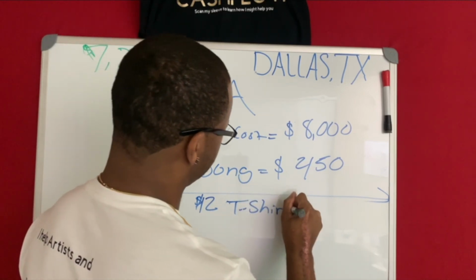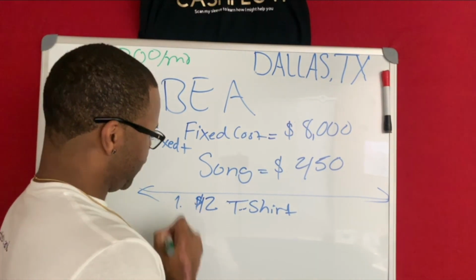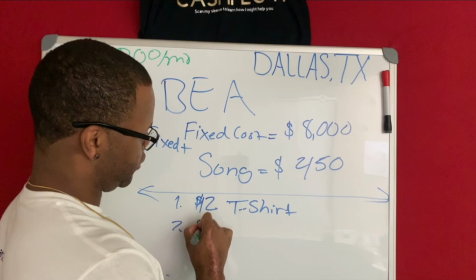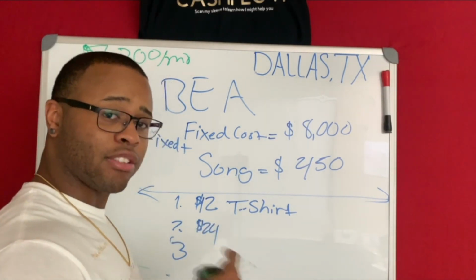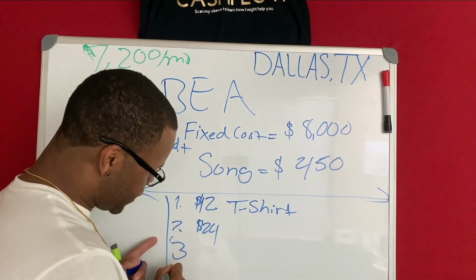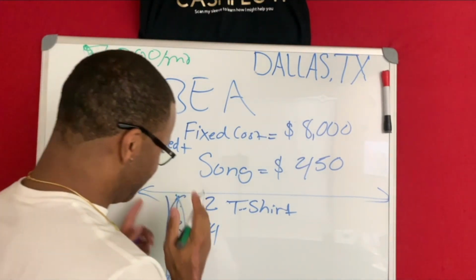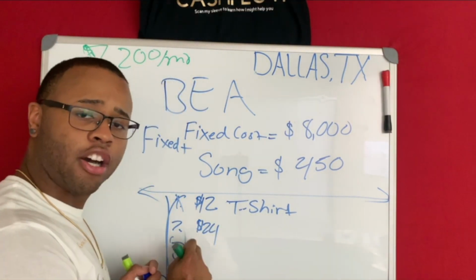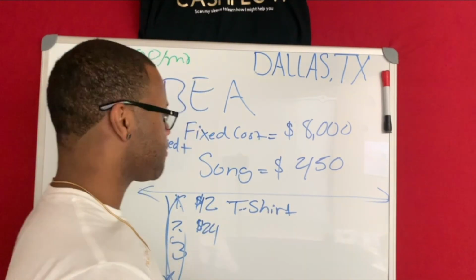So if they sold 2 t-shirts, it'll cost them $24. 3 t-shirts, and you see it keeps going on and on. It varies how many t-shirts they sell. You see what I'm saying? This is not a fixed cost because it varies on consumers' purchasing power.